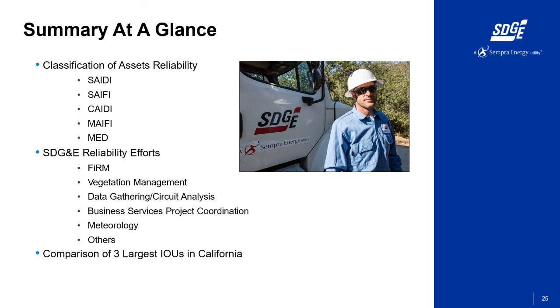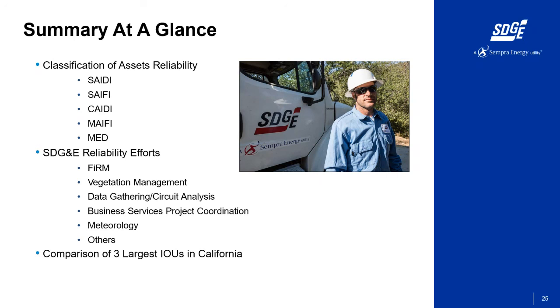We talked about our reliability programs and efforts, including vegetation management, data gathering, circuit analysis, business services, meteorology, and a number of others. We're very active programs. And we also shared a comparison of the 3 largest IOUs in California in terms of their SAIDI and SAIFI performance. That's ourselves, Southern Cal Edison, as well as Pacific Gas and Electric in Northern California.